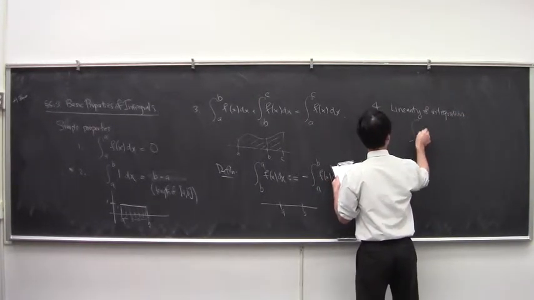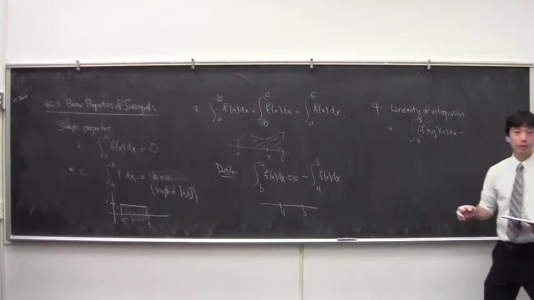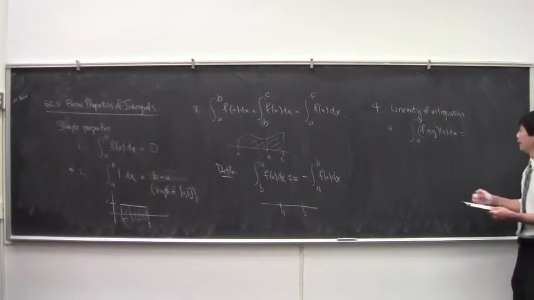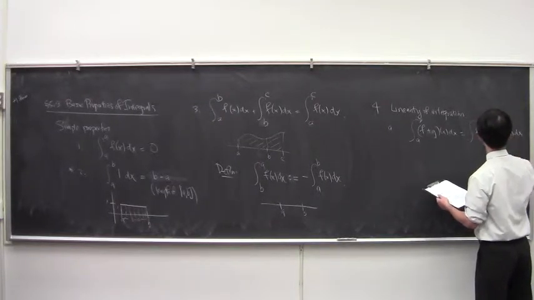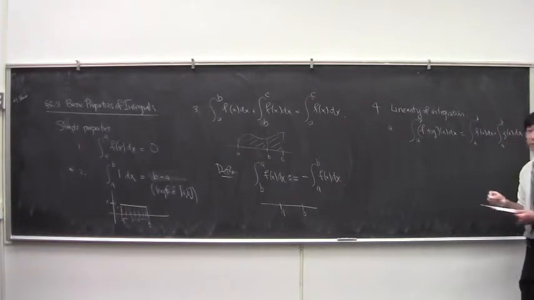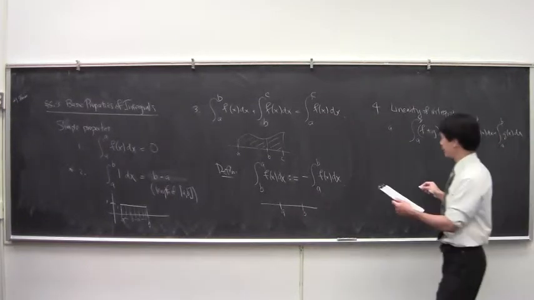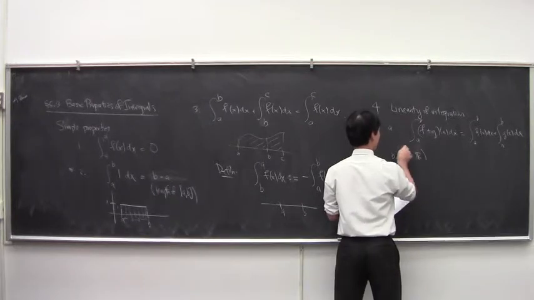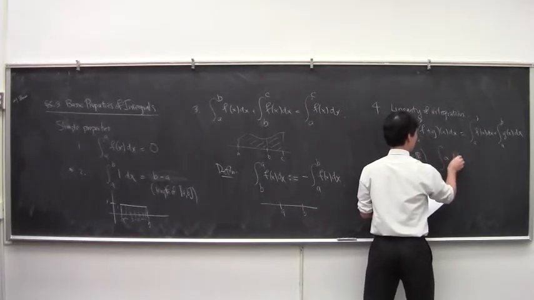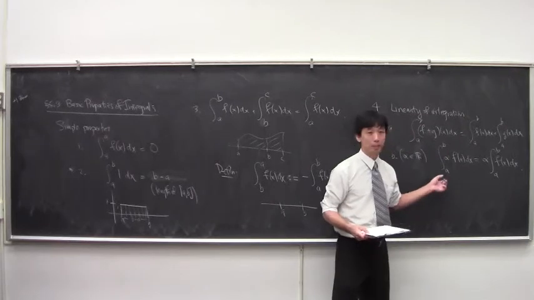The first is that if you take the integral of a sum, if you have 2 functions and you sum them and then you take their integral, that's going to be the same thing as the sum of the integrals. And the second part is if you have a number alpha, so let alpha be a real number, if you integrate some multiple of your function from a to b, then that's the same thing as alpha times the integral.